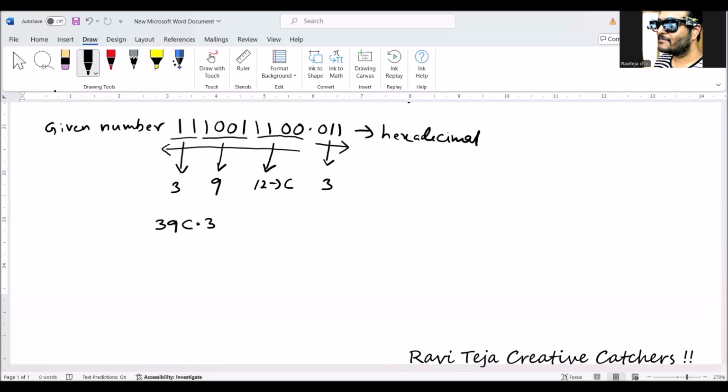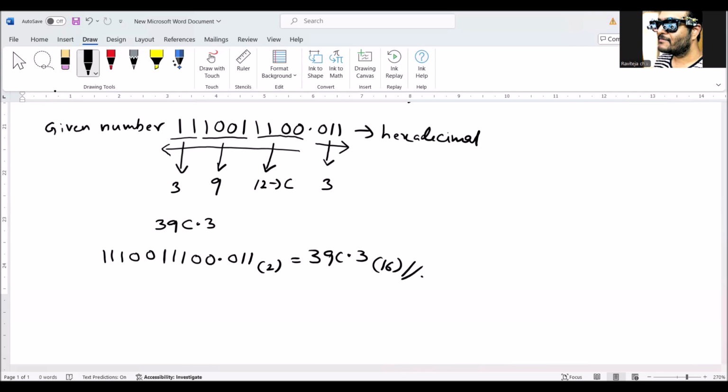Let's conclude it. The binary value 1110011100.011 is equal to 39C.3 with respect to hexadecimal. This is the answer. This is how to convert the binary numbers with and without decimal point.